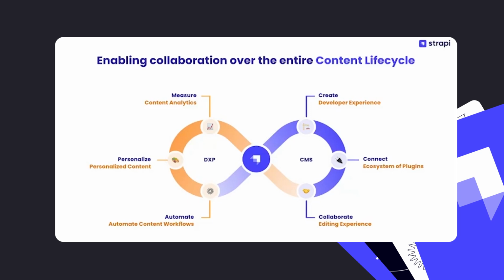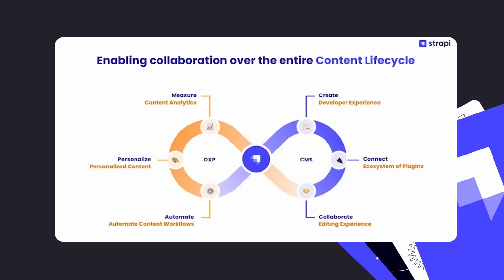In 2023, the idea is to keep investing in the editing experience. We have a number of features that should really delight the content editors, such as audit log and publication workflow, which we are currently working on.